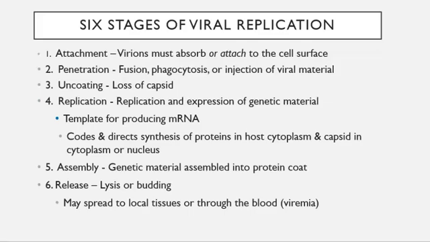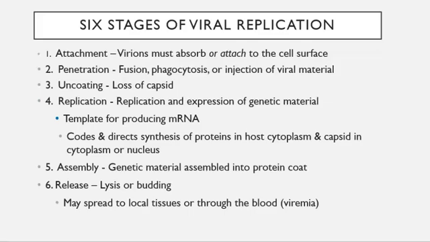4 is replication and expression of genetic material. In this step, there's a template production for messenger RNA that happens, and it codes and directs synthesis of proteins in the host cytoplasm and capsid in the cytoplasm or the nucleus. Number 5 is assembly.